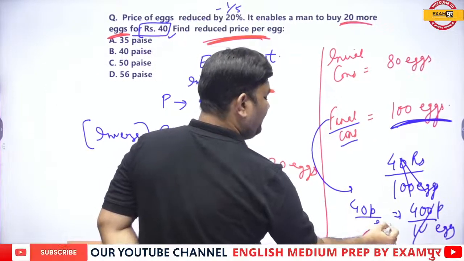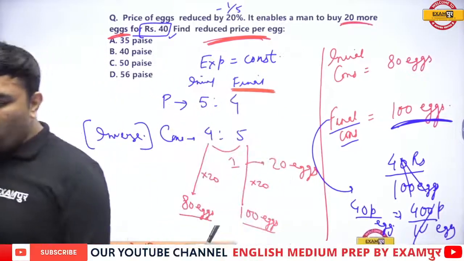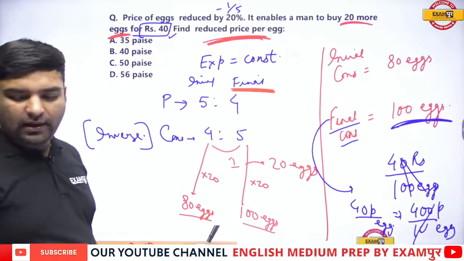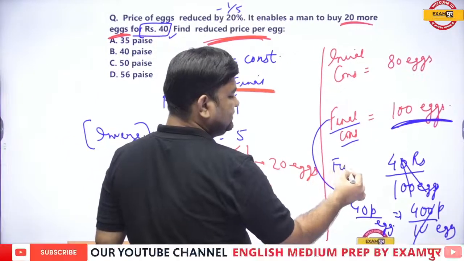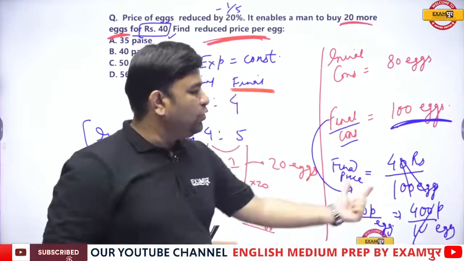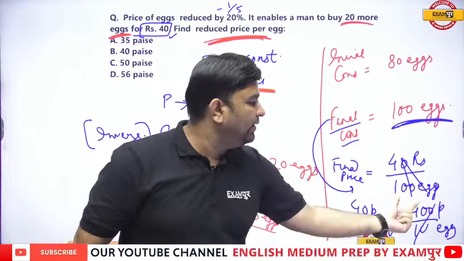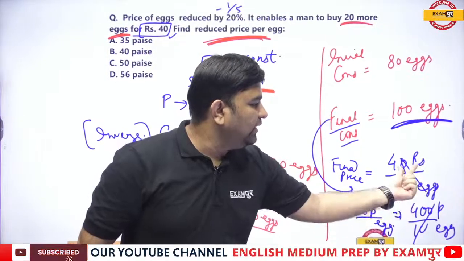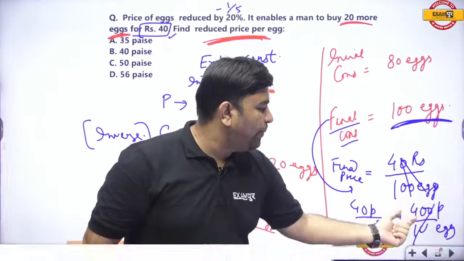It is one step above the final consumption calculation. Final price: in rupees 40, you can buy 100 eggs. Convert rupees into paisa.